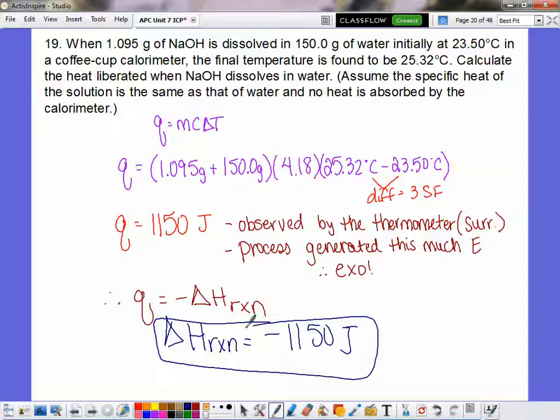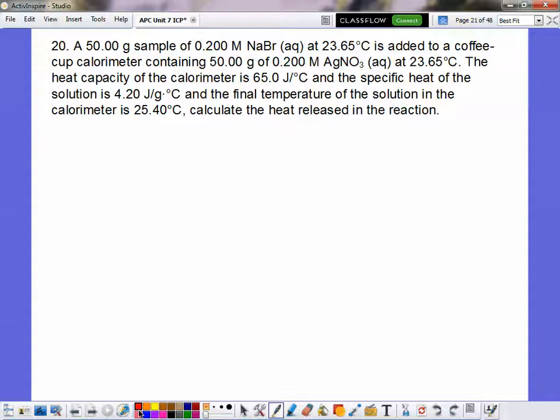All right. Number 20 is just like your lab. Okay? Are you ready? Okay. So we have a 50-gram sample of... okay, sorry.